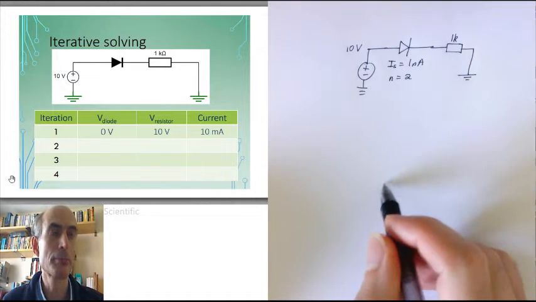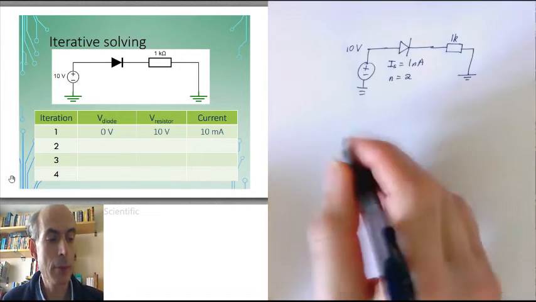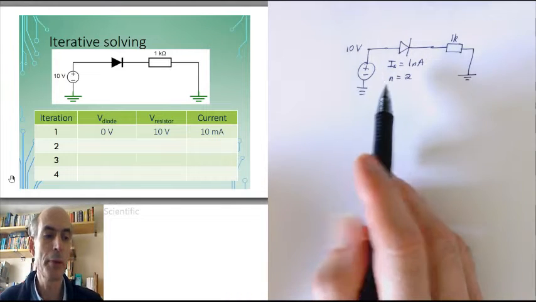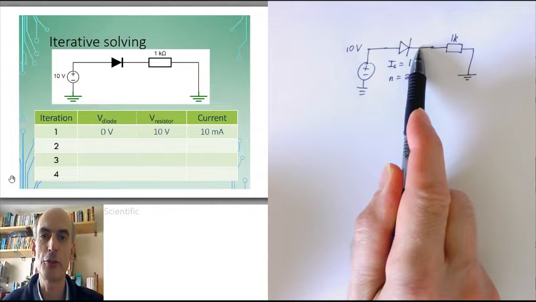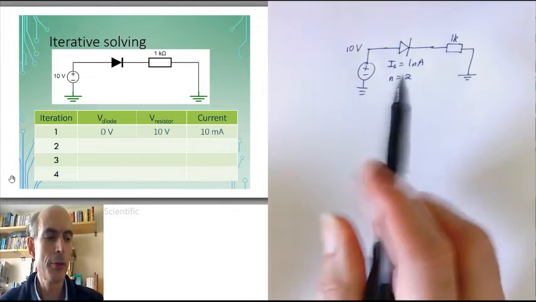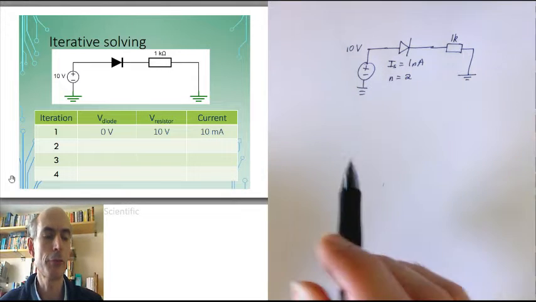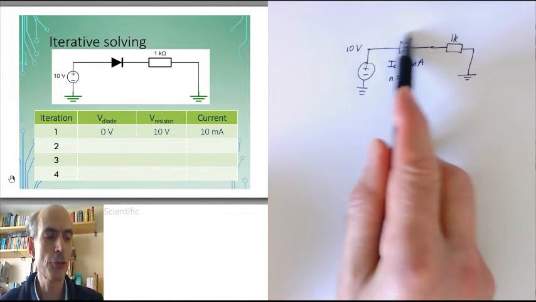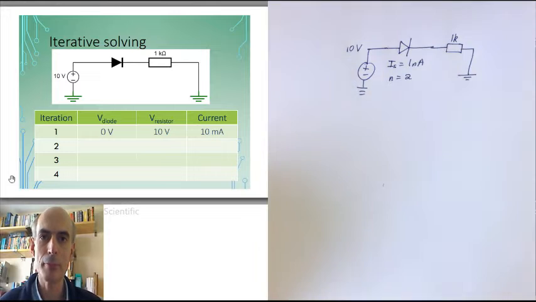Right. I'm going to start off by guessing the voltage across this diode. Usually I will guess the voltage and then work out the current. And in this case, I'm going to start with a first guess that the voltage across this diode is 0. Now that's not a particularly good guess.